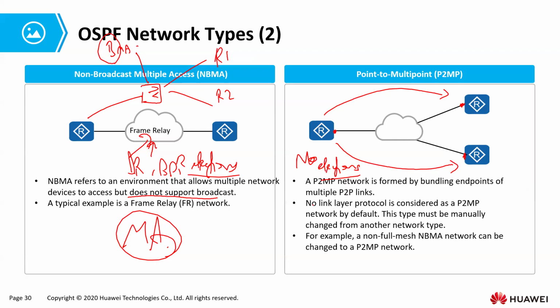The reason why we have these types of networks is so that we understand how to configure OSPF. You specify, is this a point-to-point network or is this a multi-access network? Multi-access networks will require elections. So we have multi-access, then we have point-to-point. Here we conduct elections. Here, no elections.